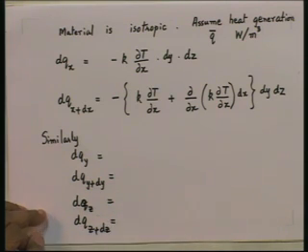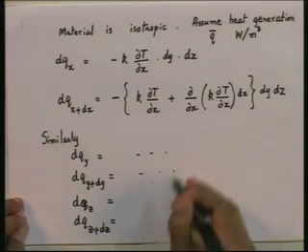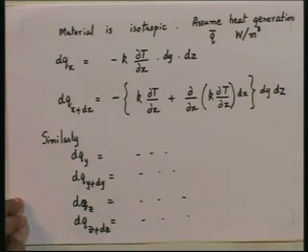You can write down expressions for these, and I am not going to do that. I am going to leave it to you to write these down. In the same way, these expressions can be written down using Fourier's law of heat conduction. So, now we have expressions for the rate at which heat is being conducted into this element in the positive x direction, the positive y direction, the positive z direction, and the rate at which heat is being conducted out of this element also in the positive x direction, y direction and the z direction.